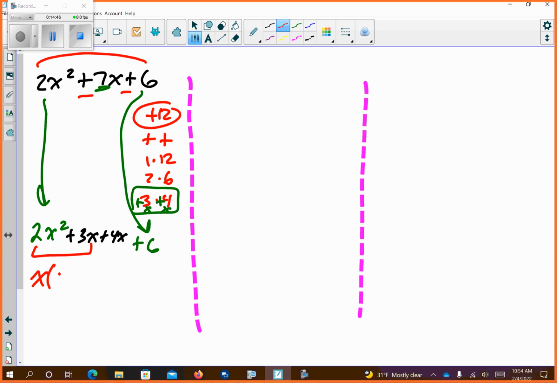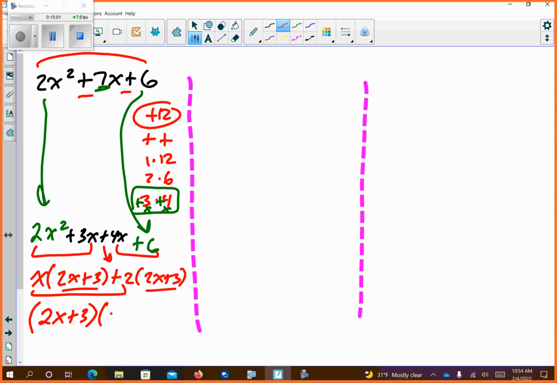You have x, factor that out, you have 2x plus 3, plus, factor 2 out. I'm left with x plus 2.